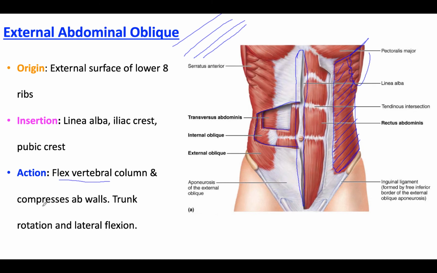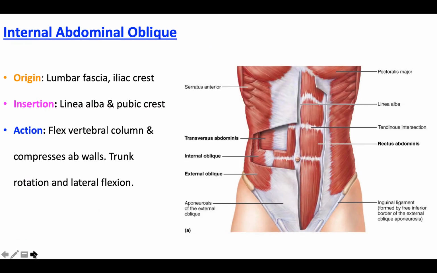And then we definitely work out our oblique muscles to keep a nice waistline, okay? This also helps compress your ab walls, and it allows the trunk to rotate and allows for lateral flexion. So that just means that our little side bends that we do at the gym, if you do them, the external obliques are getting worked out.